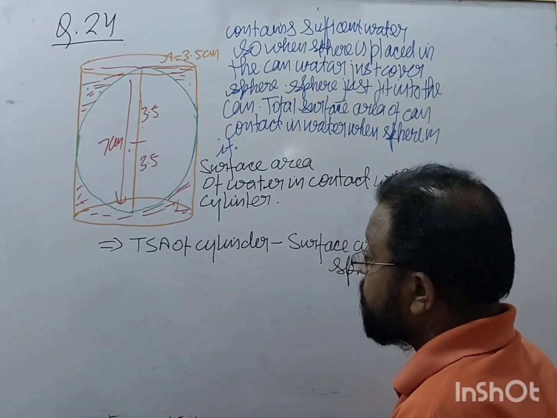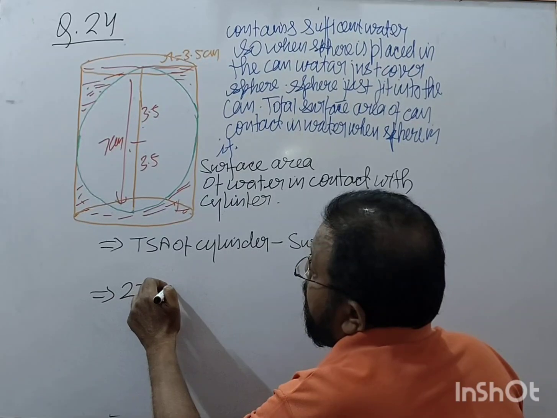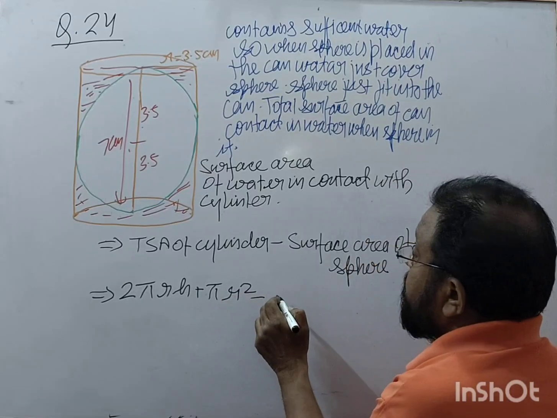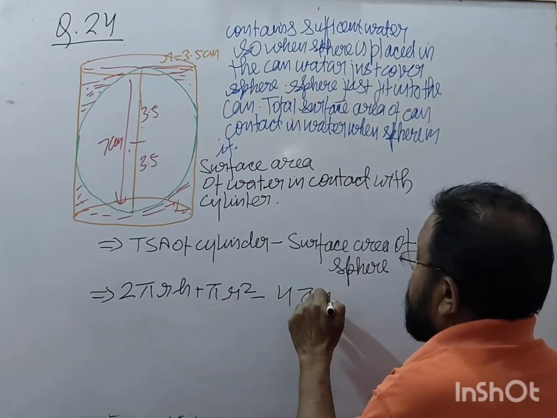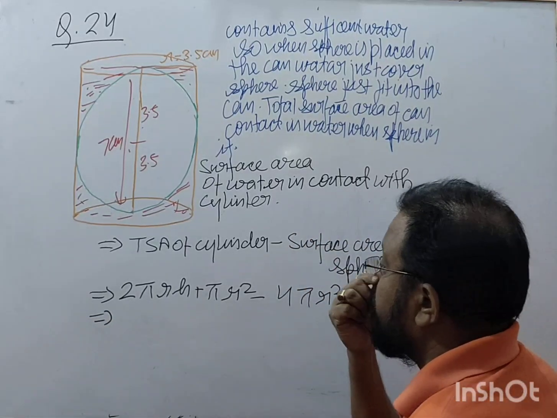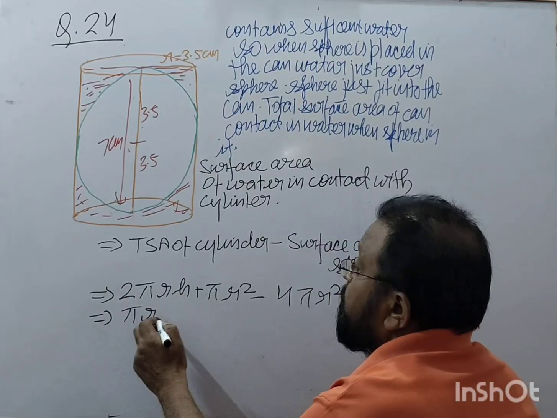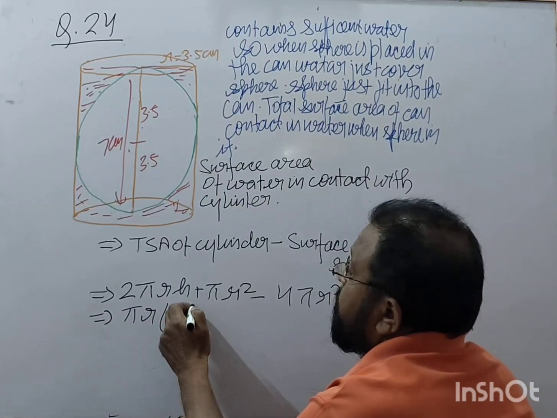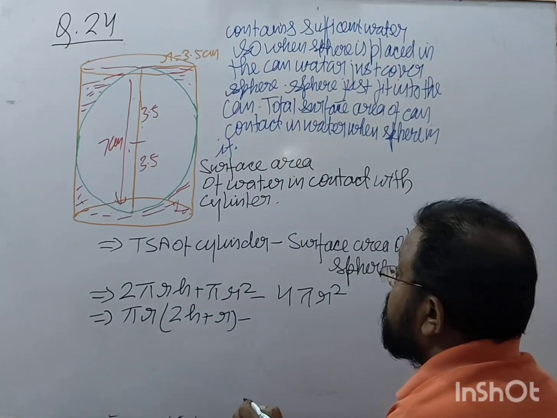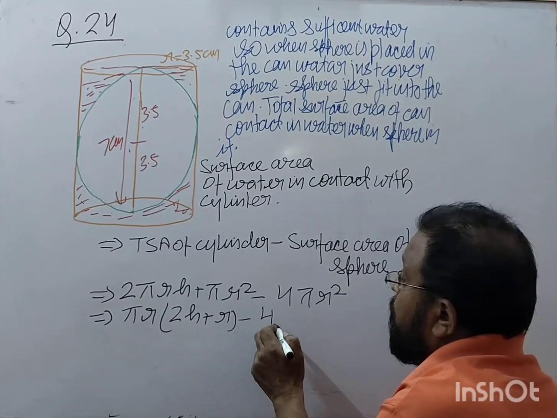That is equal to 2 pi rh plus pi r square minus 4 pi r square, right? So pi r we take as a common, so you get 2h plus r minus 4.